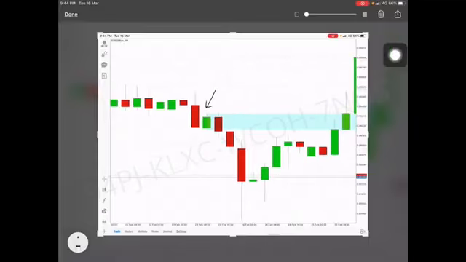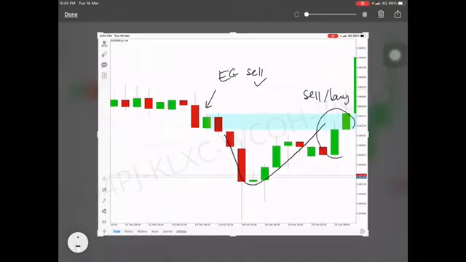Is it engulfing sell or engulfing buy? This one is sell. Okay, so engulfing sell. That is correct. Okay, so when the price comes to the zone, what are we looking for? Are we looking for sell or are we looking for buy? We're looking for buy. Nope. At this point, we are looking for sell.